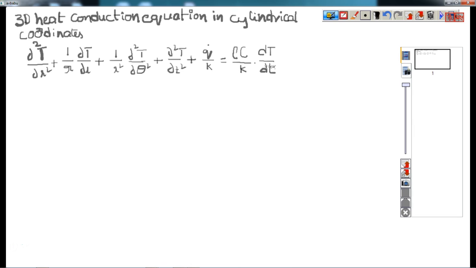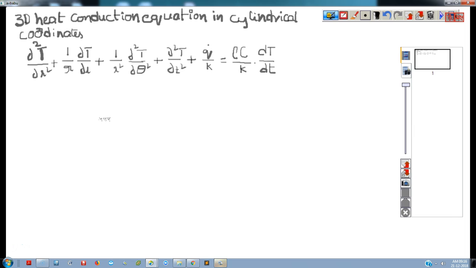Am I correct? So this is the equation we need to remember when the cylindrical coordinates are given in the problem in case of solving heat conduction equation in 3D mode.